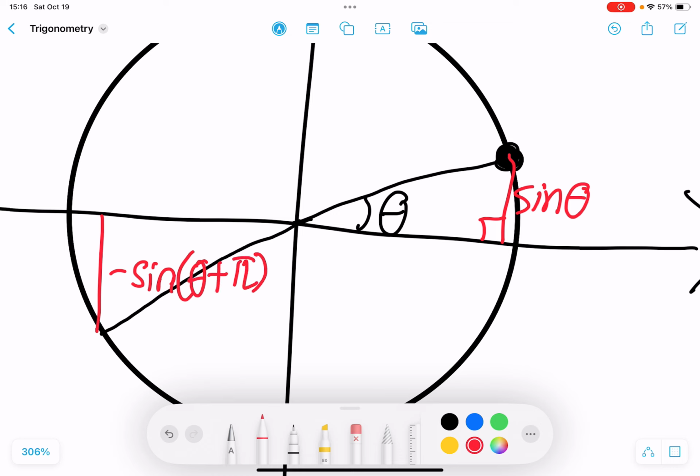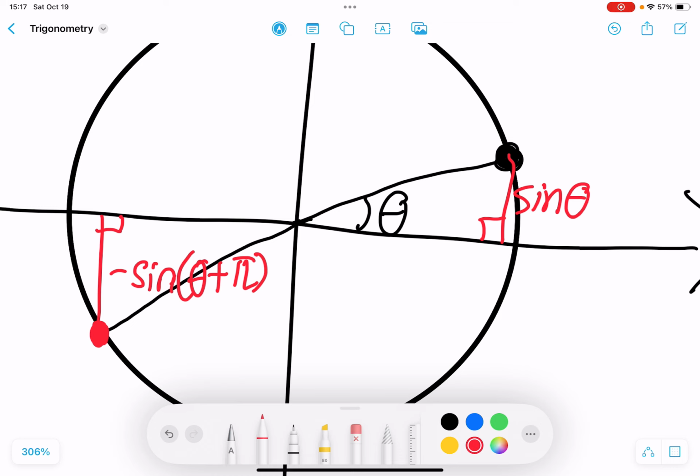Because theta plus pi is just this new angle over here, and this is negative. So that's that, and it's pretty obvious that this is true.